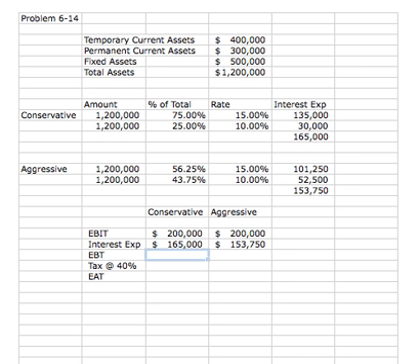That leaves us with earnings before taxes of $200,000 minus our interest expense for each. As we would expect, the aggressive approach yields a little bit higher earnings before taxes.